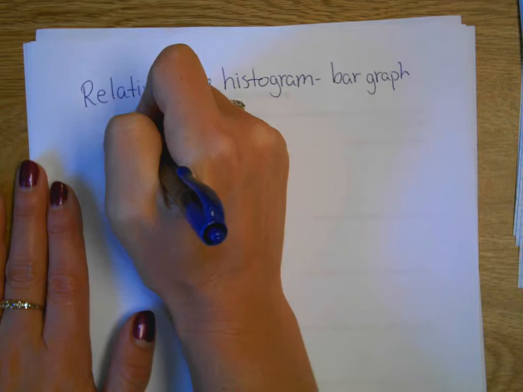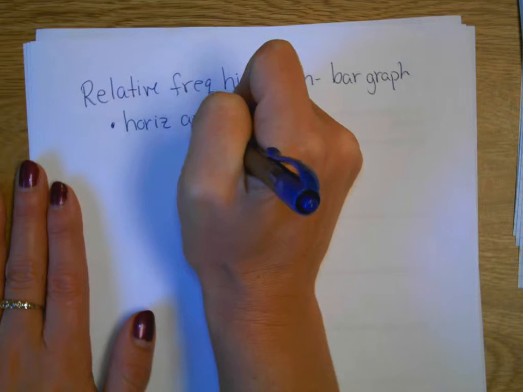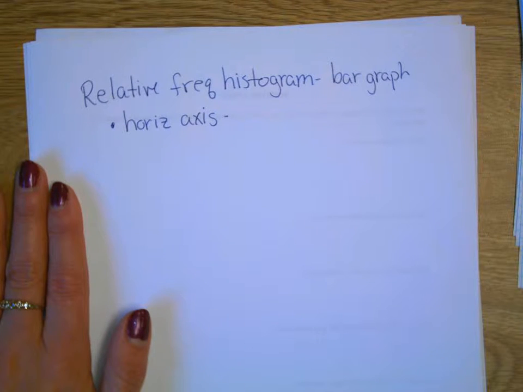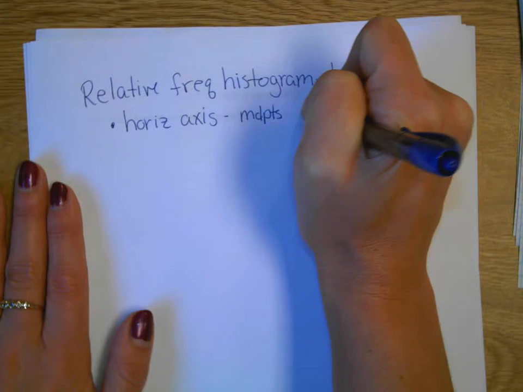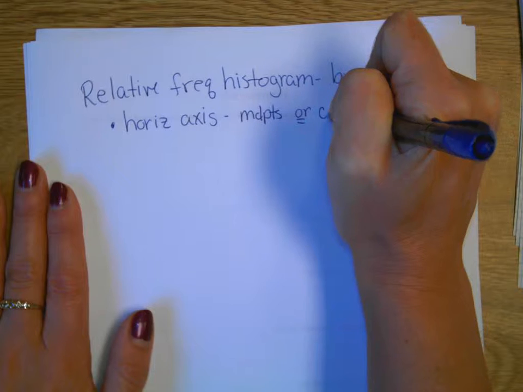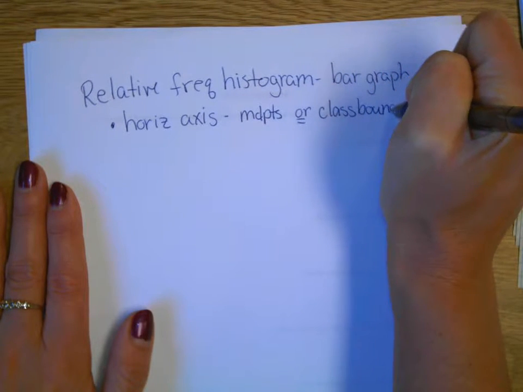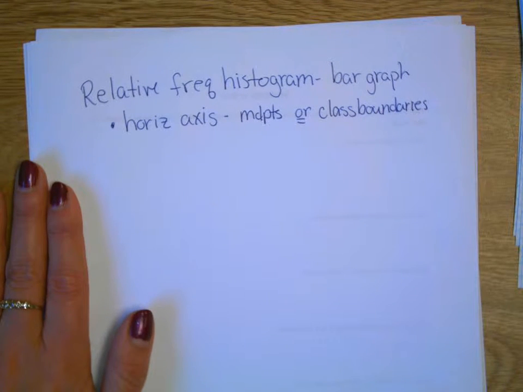So here, the horizontal axis, just like the frequency histogram, you can use midpoints or class boundaries. We did class boundaries yesterday. We're going to do midpoints today just so you can see the difference. And you can do whichever one you like.